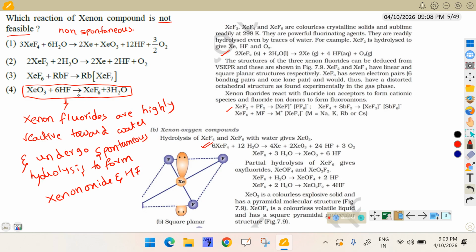So the reverse reaction is spontaneous. Backward reaction is spontaneous, so the forward reaction is considered as a non-spontaneous reaction. Fourth option.